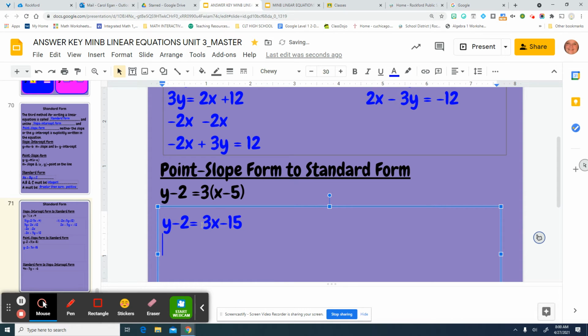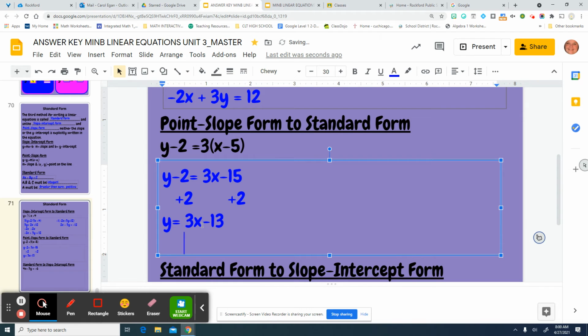And then because I'm looking to move to standard form, it's not about getting y by itself. I need to get x and y on one side and all the fixed numbers on the other. So I'm going to add 2 to both sides to get y equals 3x minus 13.